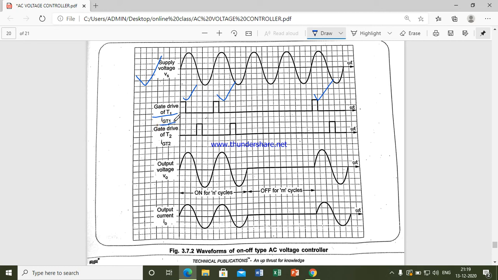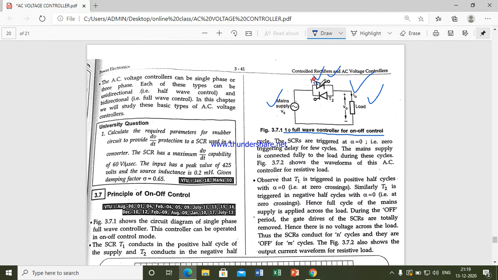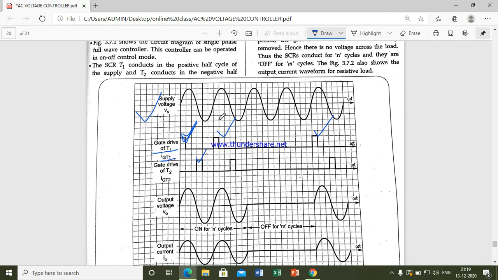From this you are making your SCR on. Next you make the second SCR on using this. This first T1 pulse will make this SCR on and it will conduct during the positive cycle.